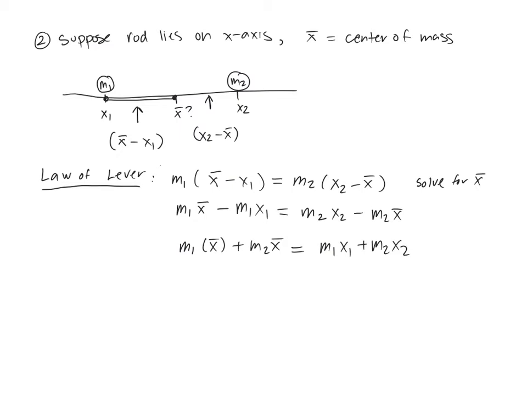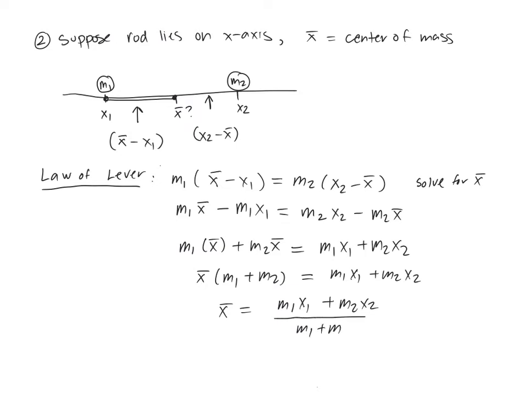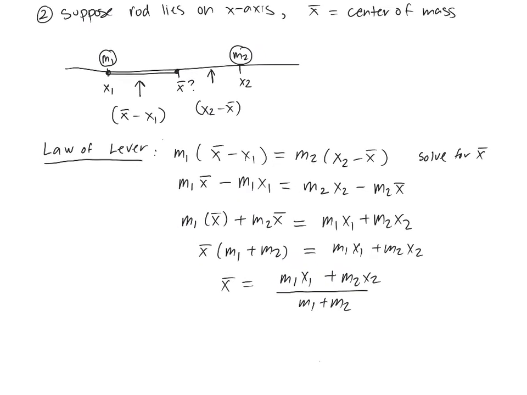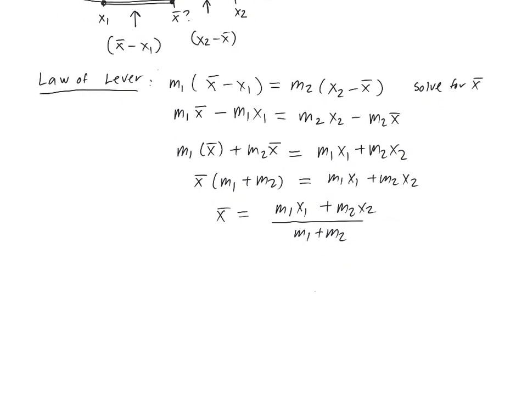And then you can take out x bar. And finally, x bar is equal to m1 x1 plus m2 x2 over m1 plus m2. Is that all right? Okay.